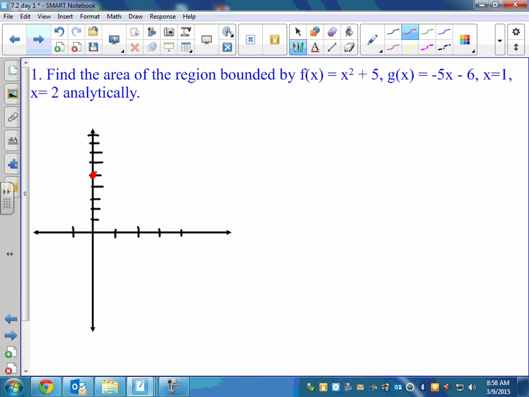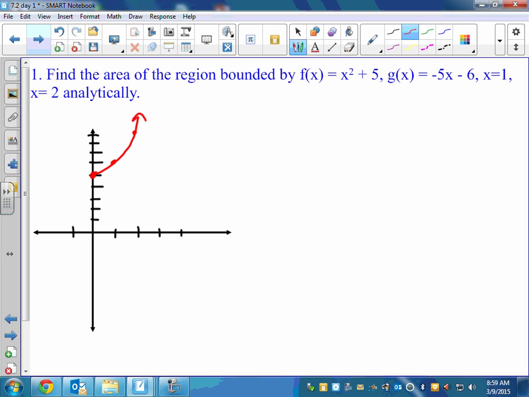If I plug in 1, I would get 6. If I plug in 2, I would get 9. And I like graphing it at first so you can visualize this, but eventually you don't have to graph everything. But I'm not going to even graph the other side because I don't really care, except for I care what's happening between 1 and 2, because that's where I'm trying to find the area.